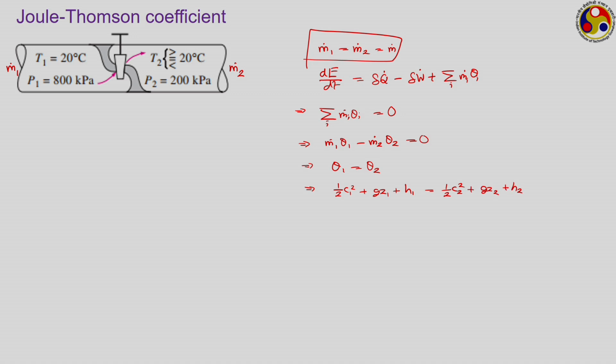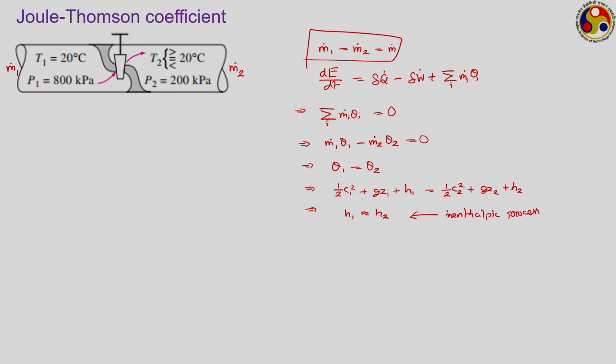Now, changes in kinetic and potential energies can virtually be neglected in this particular case, and therefore, what we are getting ultimately is H1 nearly equal to H2. That is, we are talking about a process during which the enthalpy remains constant, or we conventionally call that an isenthalpic process. So, a throttling process is an isenthalpic process during which the enthalpy of the fluid remains constant throughout the system or during the process.